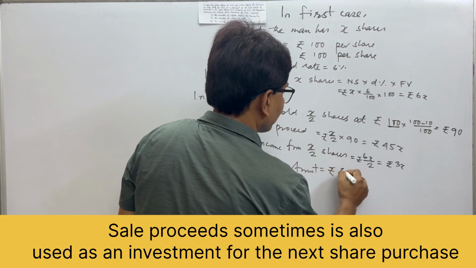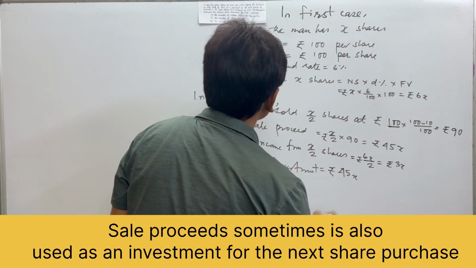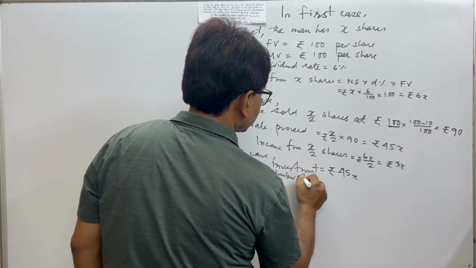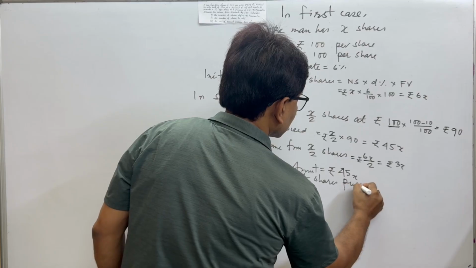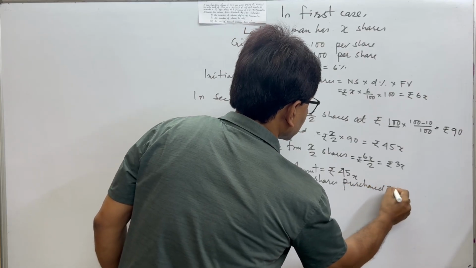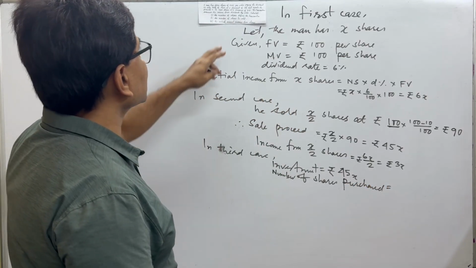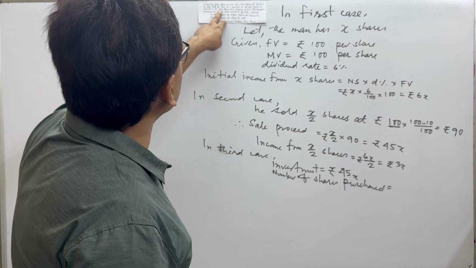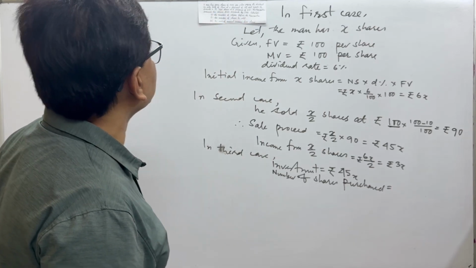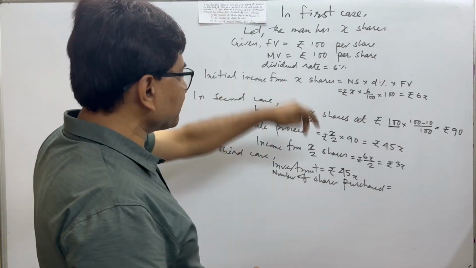Now the third case, investment rupees 45x, number of shares purchased equals what? Now it is said 7% rupees 50 shares at a premium of rupees 10. Now what is this rupees 50 share?